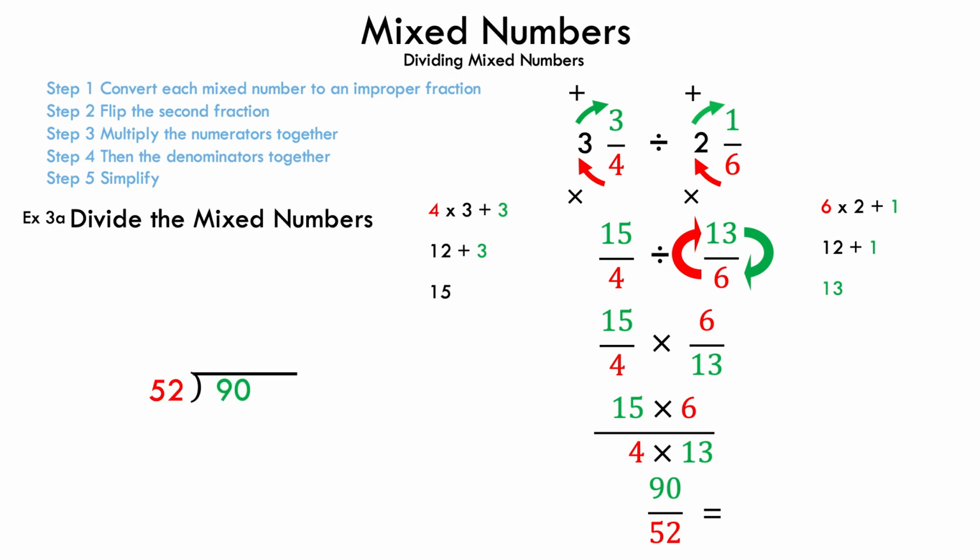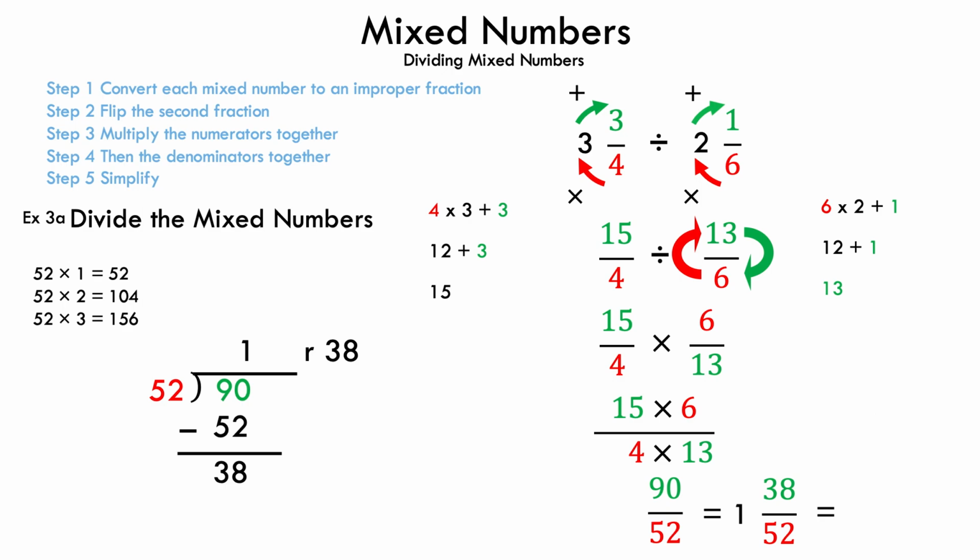Now we need to use long division to write our mixed number. So we write down the multiples of 52 and pick the closest multiple of 52 to 90 without going over, and that is 52. Now we subtract 90 and 52, and that gives us 38. And that is our remainder, and we're going to use the three numbers 52, 1, and 38 to write our mixed number.